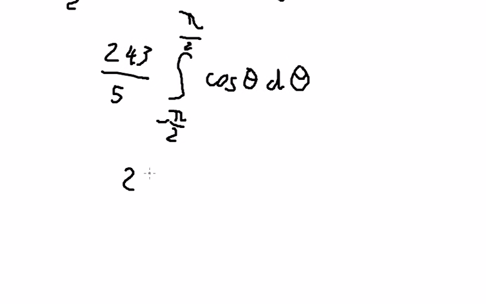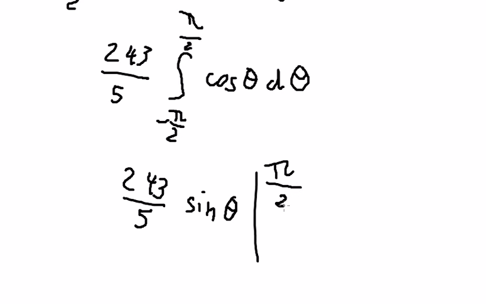So you got 243 over 5 sine theta, and we have the bounds in here. So we put pi over 2 in here, negative pi over 2 in here, and you got 486 over 5. That's the end.